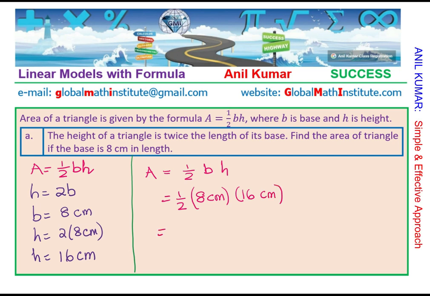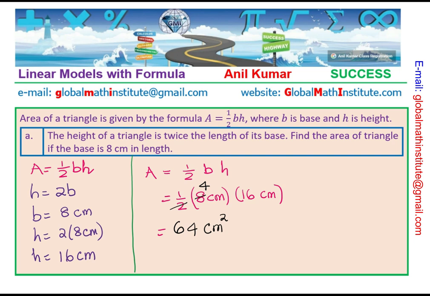Now you could divide first and then multiply. That's a good idea. Half of 8 is 4 centimeters, and 4 times 16 is 64. The units will be centimeter times centimeter, meaning centimeter square, so you get perfect units.